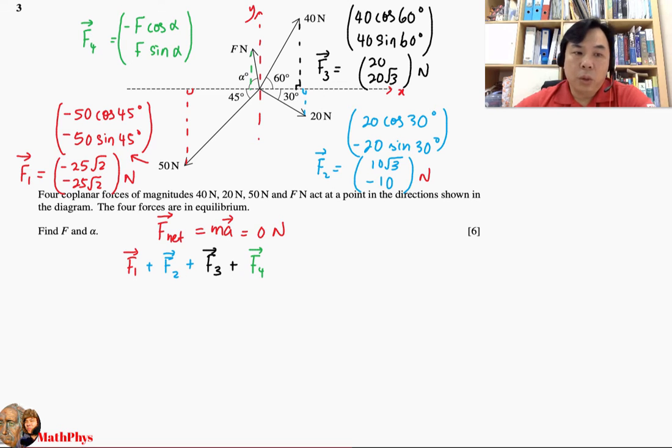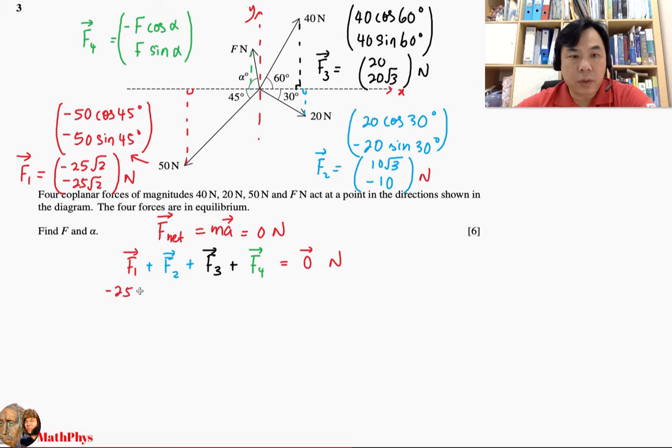And then the total, or the sum of these forces, the resultant force, must be equal to 0 Newton.